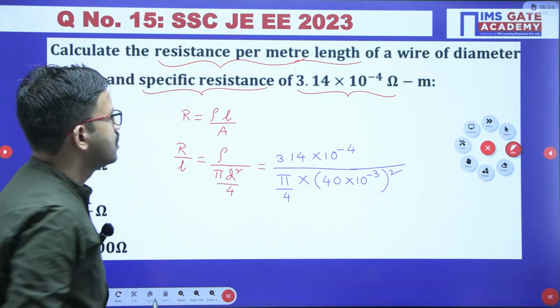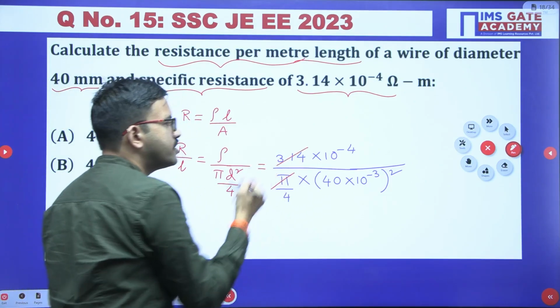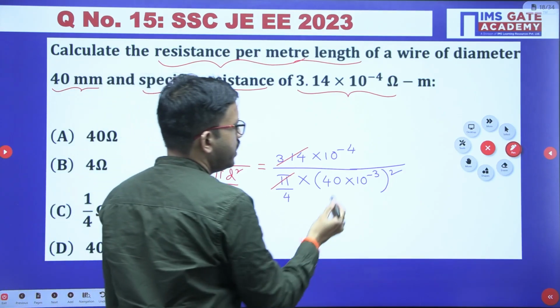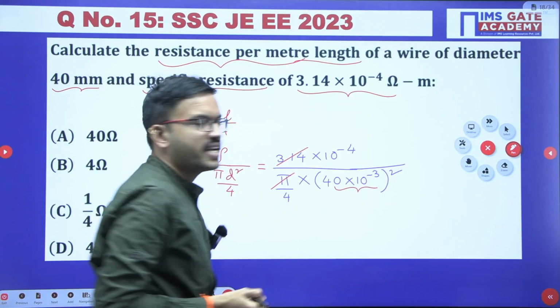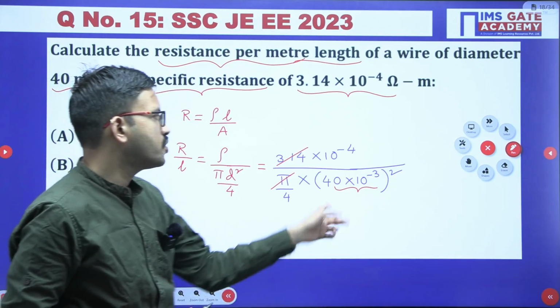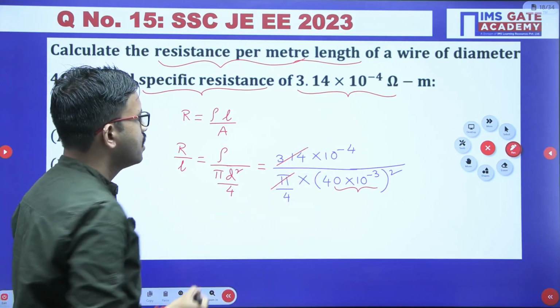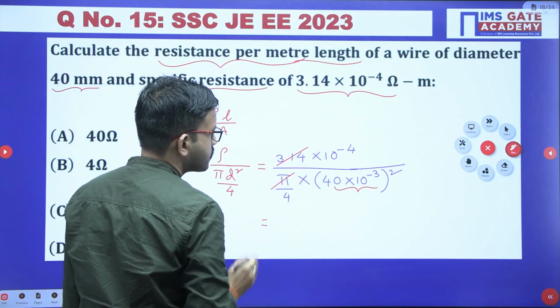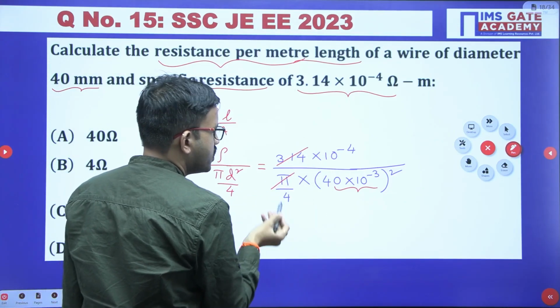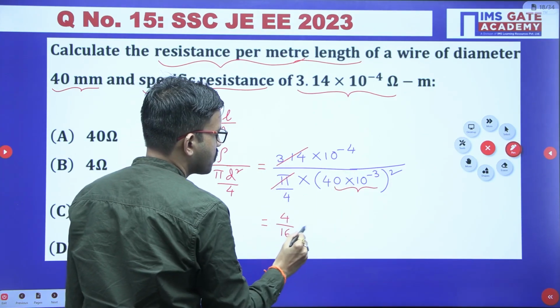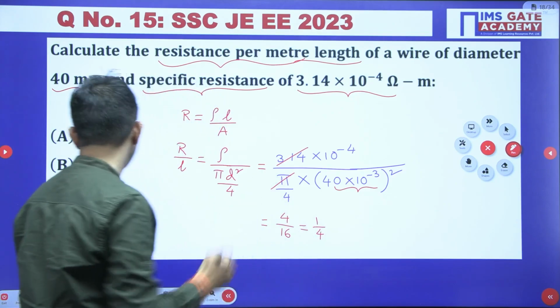Okay, so pi value is nothing but 3.14, so pi and 3.14 will get cancelled. Then here you can observe 10 into 10 power minus 3 is nothing but 10 power minus 2, whole square is nothing but 10 power minus 4. Numerator also you are having, it will get cancelled. So finally what you are getting, this 4 will come into the numerator, and here 4 square you are having 16. So from here you are getting 1 by 4.